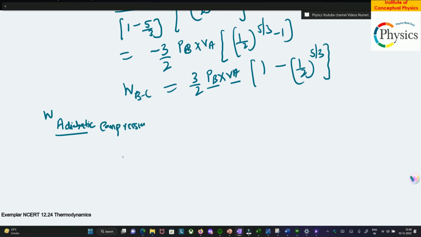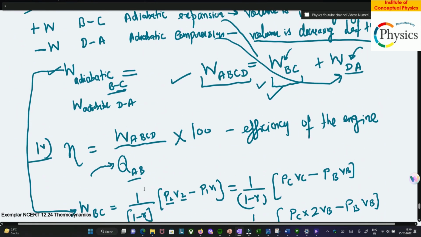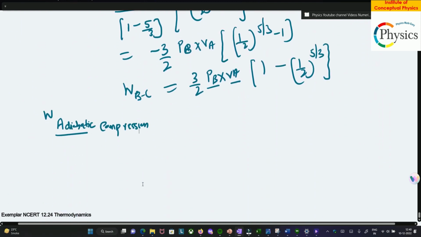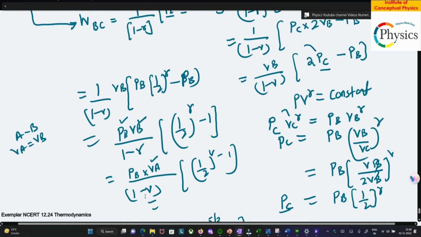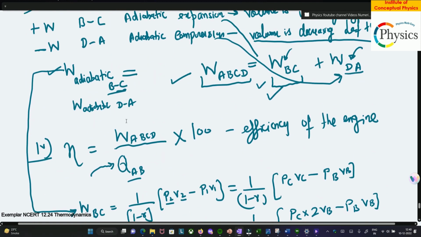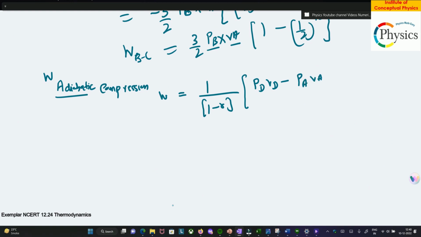You can see from the discussion so far what work we have done in D to A. So W is equal to 1 upon 1 minus gamma times (PD VD minus PA VA). The second work done is from D to A.